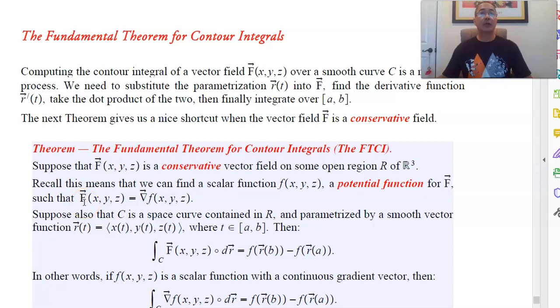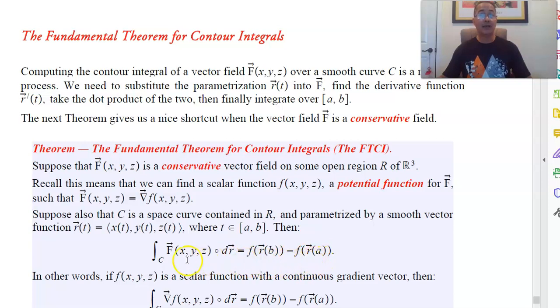If that is the case and we want the contour integral of F along C, in other words, the work performed by F as it moves a particle along C, all you have to do is take your potential function and plug in the 2 endpoints. The parameterization begins at A, ends at B. This should look familiar to you. In the fundamental theorem for basic calculus, you have capital F of B minus capital F of A.